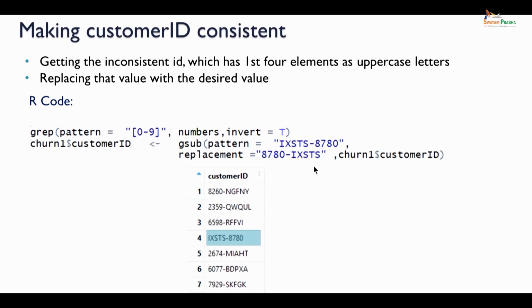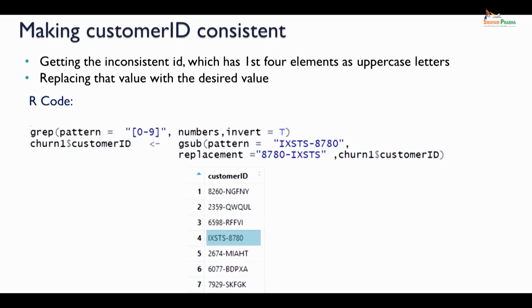So, I am going to move the uppercase letters to the last and the numbers to the first 4 places. The pattern should be the existing pattern and the replacement should be the desired pattern, in the data frame called churn1 under the variable called customer ID. By using the gsub function, we have replaced it with the desired value. Now we are done with cleaning the customer ID and we have made the customer ID consistent.